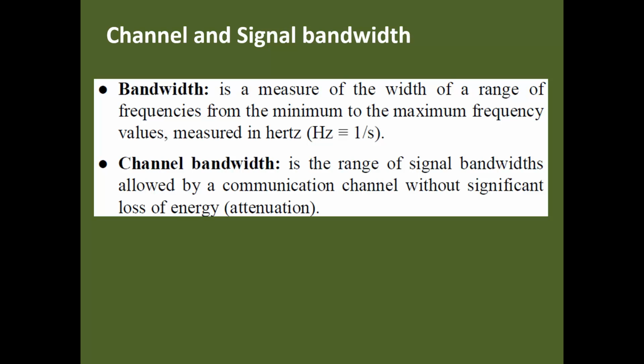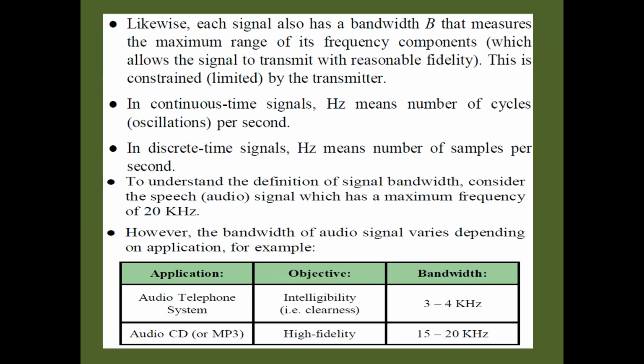So that is the signal bandwidth requirement, so that the complete information can come within those frequencies. Likewise, each signal also has a bandwidth B that measures the maximum range of its frequency components, which allows the signal to transmit with reasonable fidelity. This is constrained by the transmitter, right?